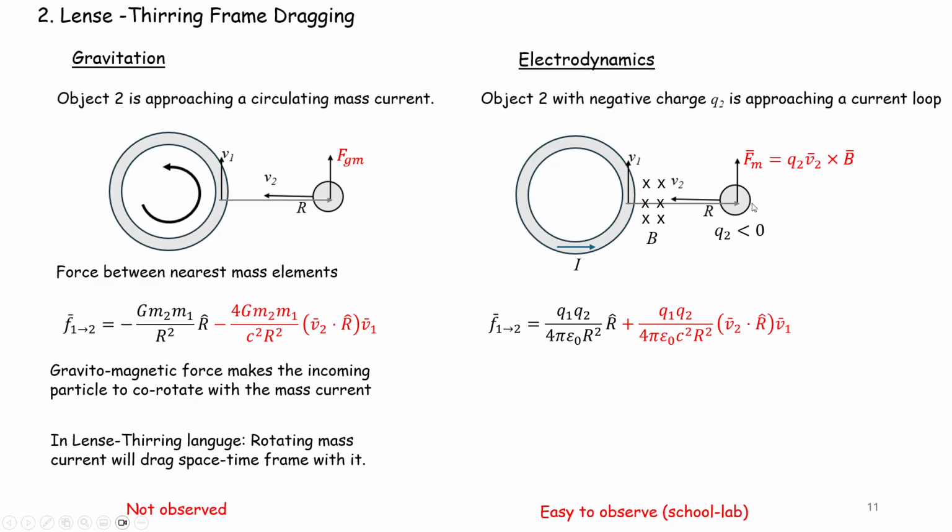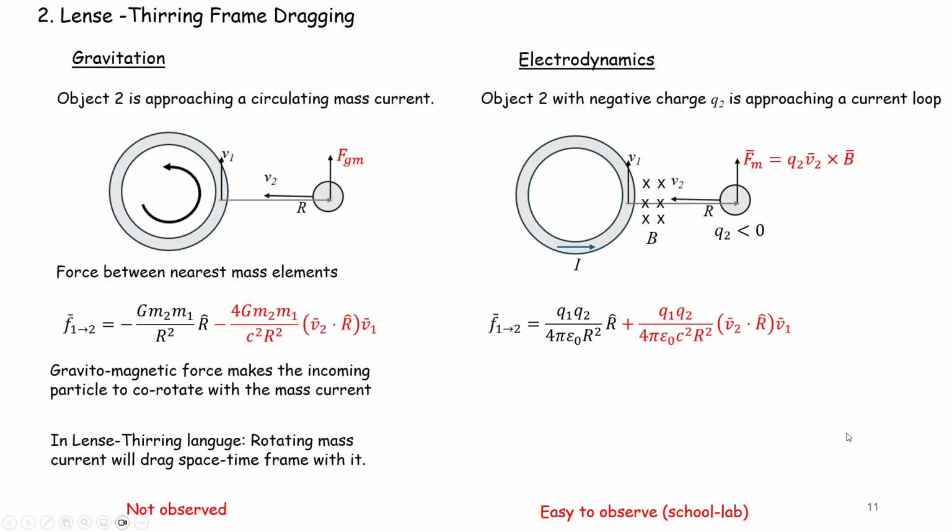And it's of course easy to observe this phenomenon in electrodynamics. You just take an electron beam and direct it towards the current carrying loop. And then you see this force directly.